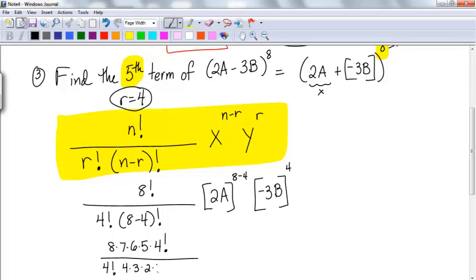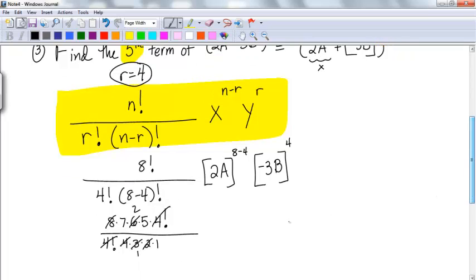I could expand either one of these. So the 4 factorials would reduce out. 4 times 2 is 8, that reduces out. 3 goes into 3 once and then here twice. Then I have 7 times 5 is 35 times 2 is 70.